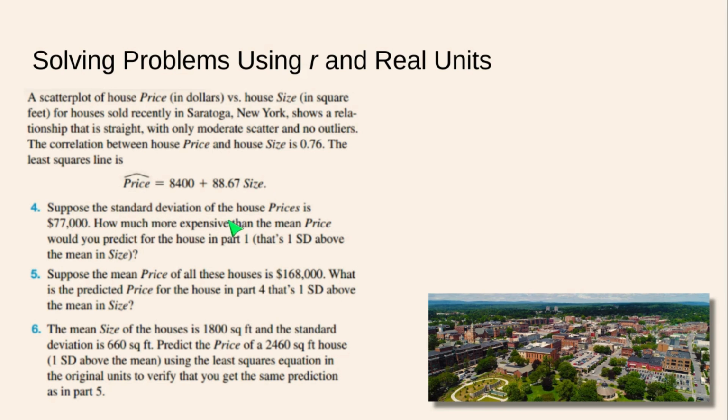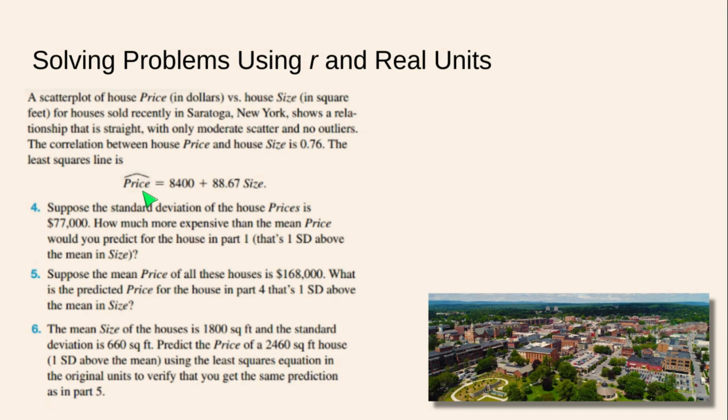Suppose the standard deviation of the house prices is $77,000. How much more expensive than the mean price would you predict for the house in part 1? Mind you, the house in part 1 is 1 standard deviation above the mean size. If I increase 1 standard deviation above the mean size, how does that affect my prediction for the price?